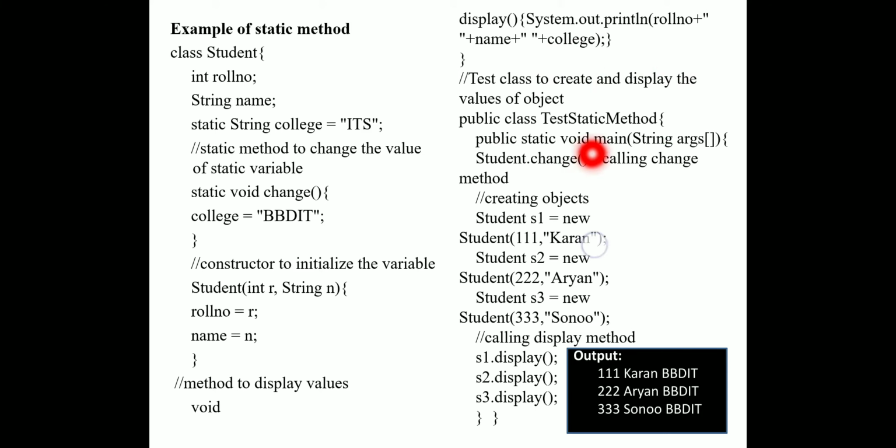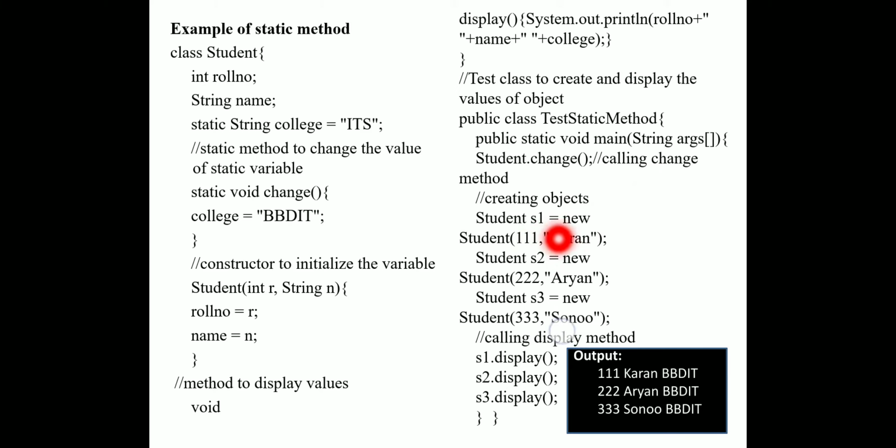Then here, in public static void main of the TestStaticMethod class, we are calling the change method, Student.change. Then we create objects S1, S2 and S3.